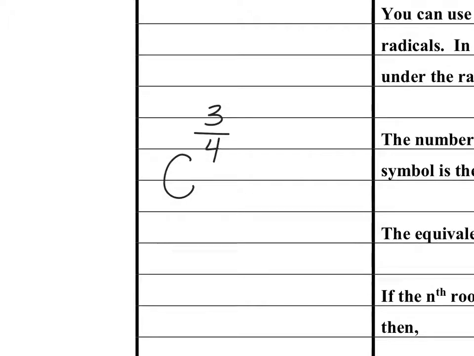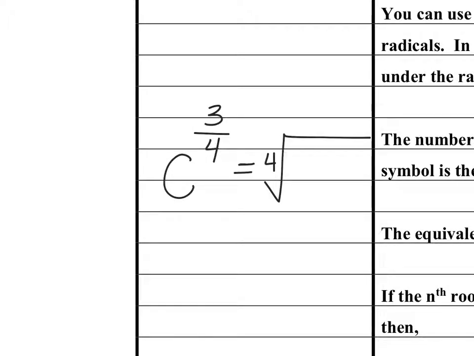If you have c to the 3/4 power, okay, you know that if it's c to the 1/4, then it's the 4th root, right? So this 4 is telling you it's the 4th root. So we do the radical with a little 4 in the crook. But the 3 is actually raising the c value to a power.